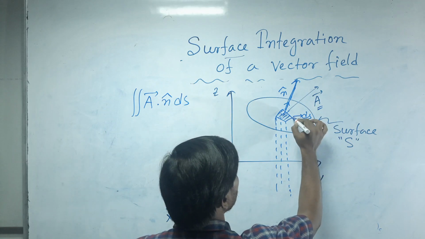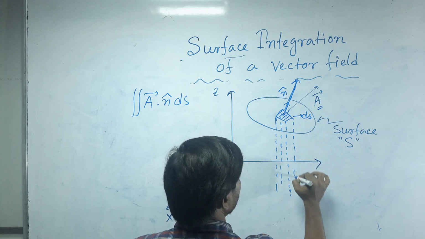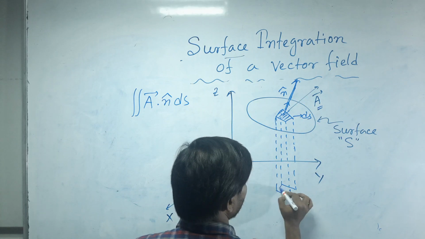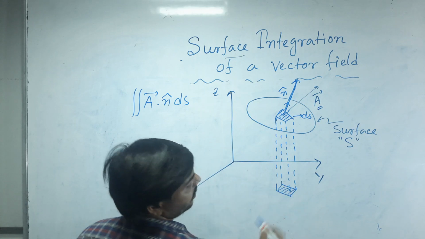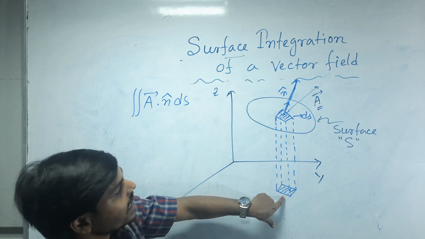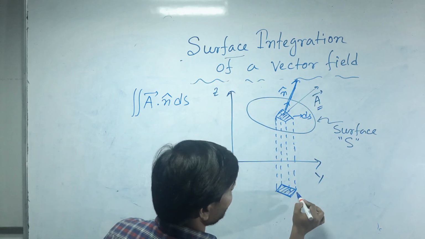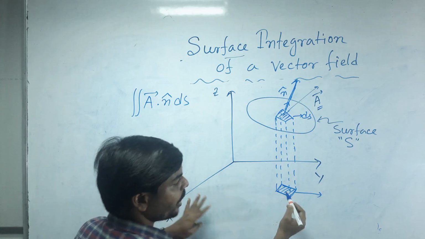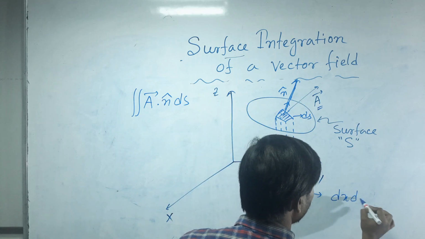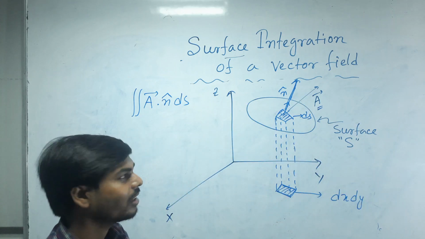So I can project this one. So this is the projection of this elementary area dS, and since this area is in the xy plane, its area will be dx dy, right?